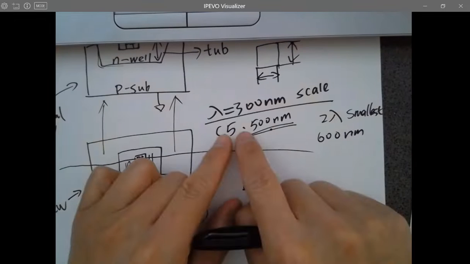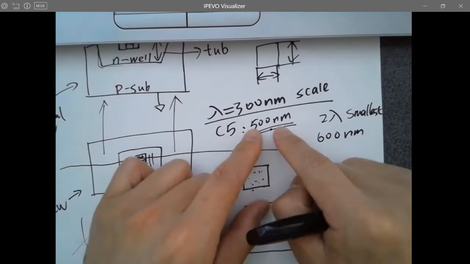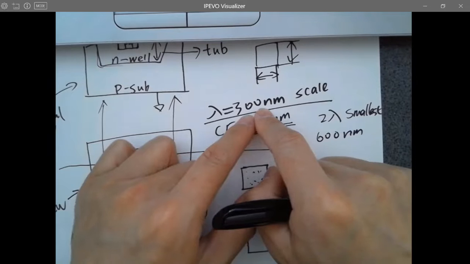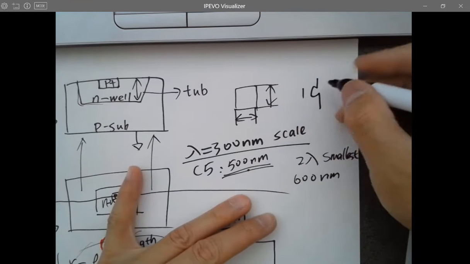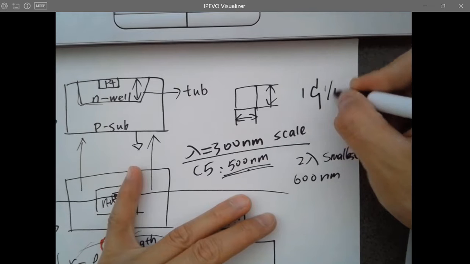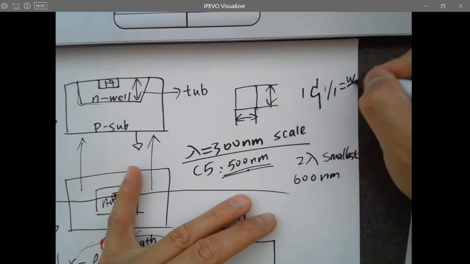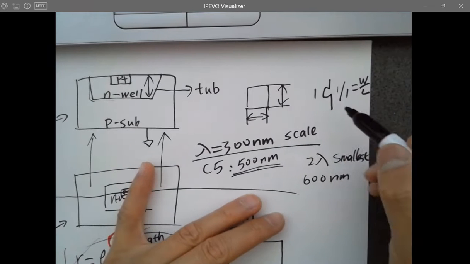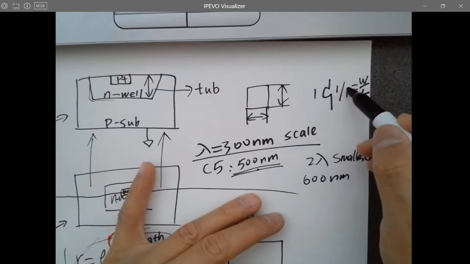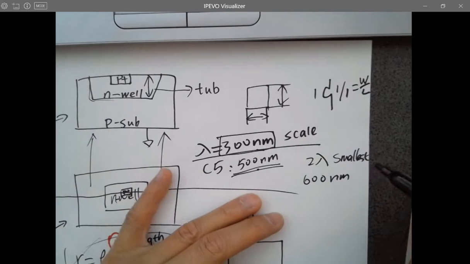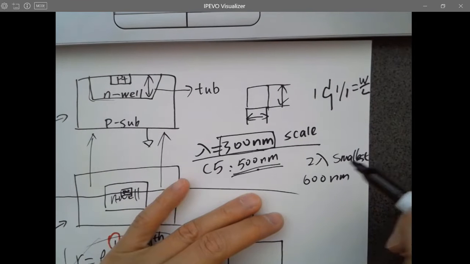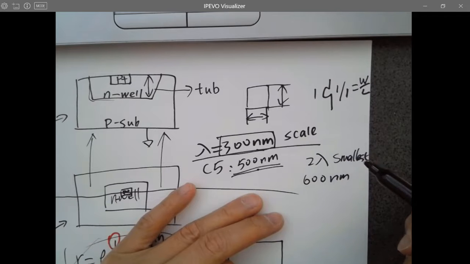For the C5 technology, 1 lambda is 300 nanometers, and we never fabricate an NMOS which is 1/1, width over length 1/1. We never do that, because this 300 nanometer is a scale, not the smallest fabricatable size of this process.